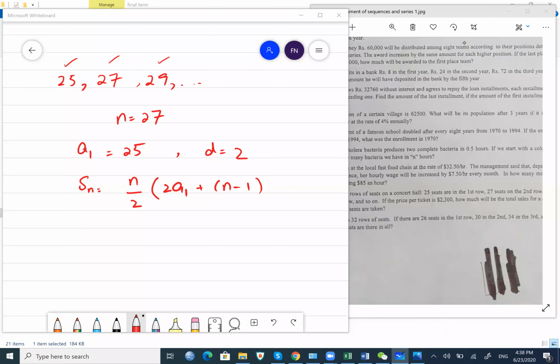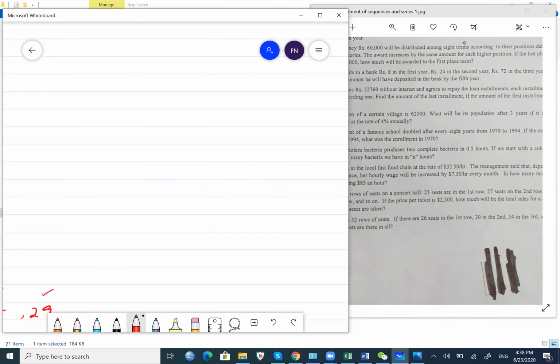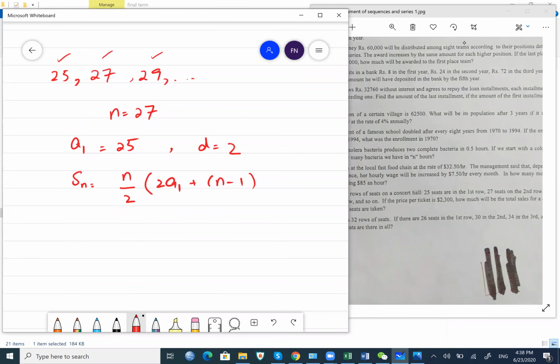Okay, so we apply this formula times D. We substitute the values. N is 27 divided by 2. A1 is 25. N is 27 minus 1. Common difference is 2.